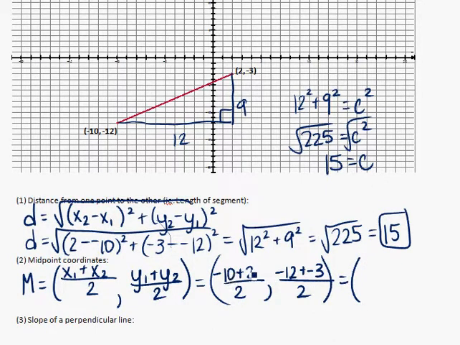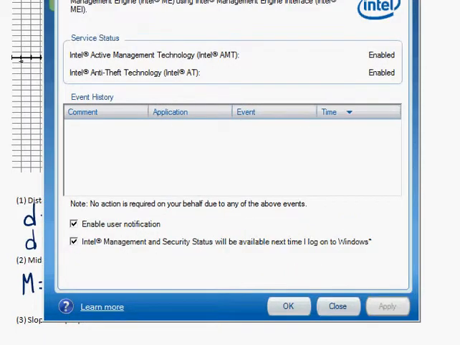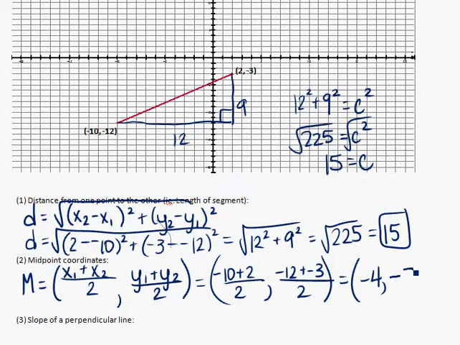Negative 10 plus 2 is negative 8, divided by 2 is negative 4. Negative 12 plus negative 3 is negative 15, divided by 2 is negative 7.5. So the midpoint of my 2 points is negative 4, negative 7.5.